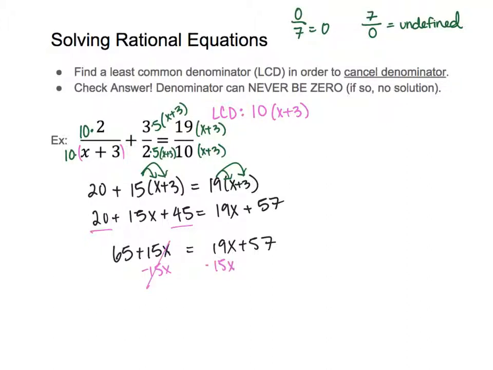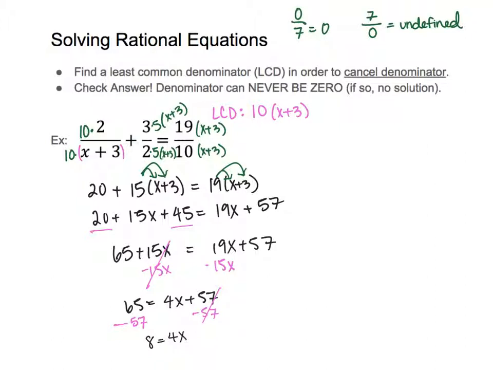That would cancel. So I have 65 equals 4x plus 57. And so I could subtract 57 from both sides. This cancels. And so 65 minus 57 is 8 equals 4x.